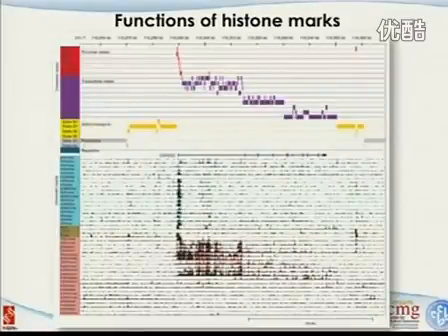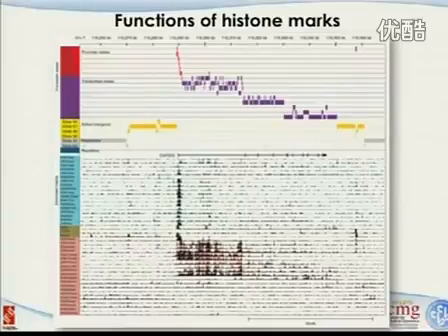So this is what they derived, published last year in Nature. I know it's small, but I really don't know how to make it big, so bear with me. You can see these are all the histone marks they did. And this is one gene. It has the promoter region, different exon regions, and the intronic regions.